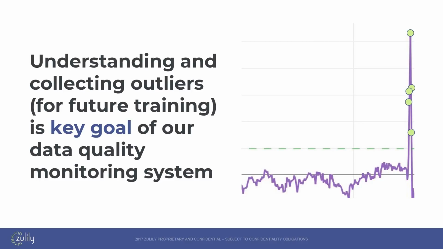Is this just corrupted data which was introduced by a new bug in the code push that just happened? Or is it a new event? Or a new product? Absolutely. Or is the underlying distribution of the data changing? And the latter is what we are really interested in, because we want to be able to learn that, incorporate those data points, those examples, to retrain our models so we are able to make the paradigm shift and have our models accommodate all of the novelty that's coming into our data.